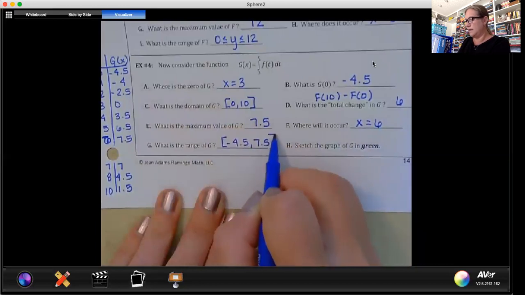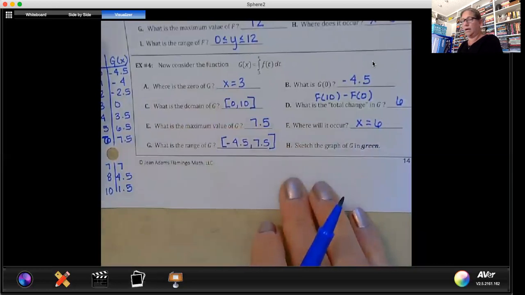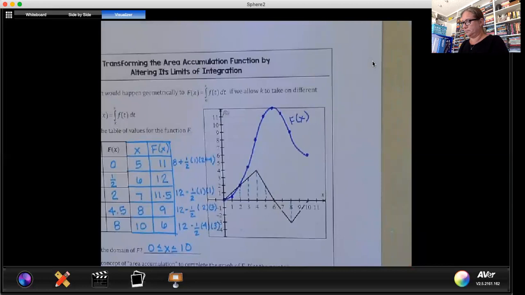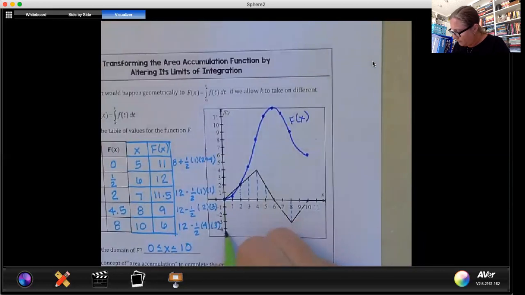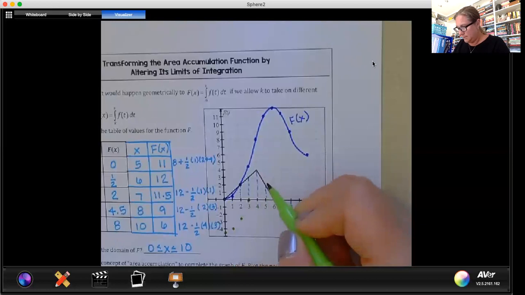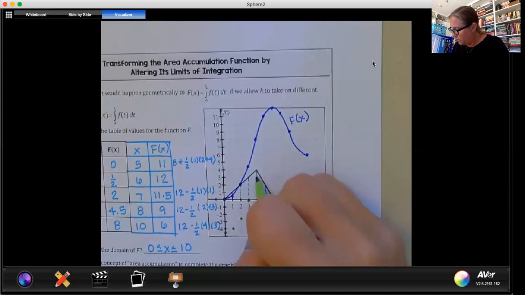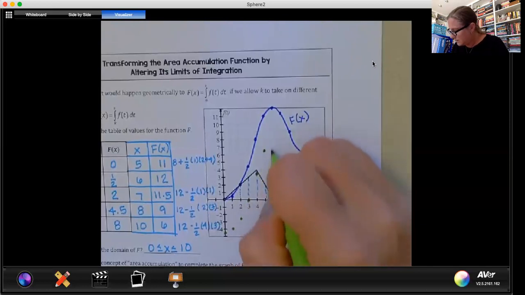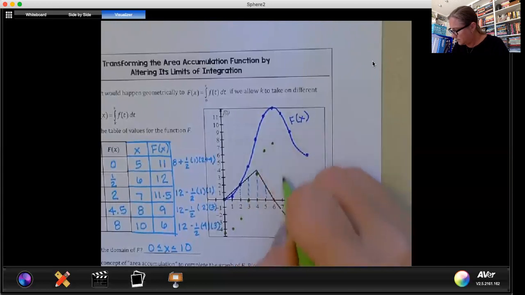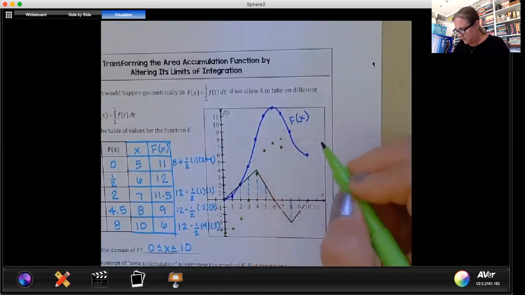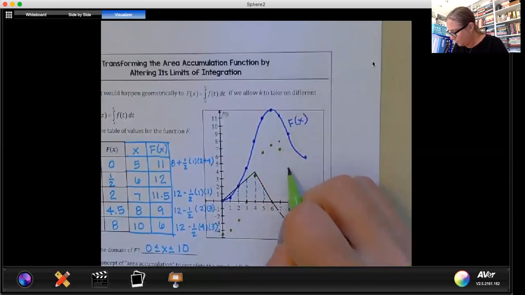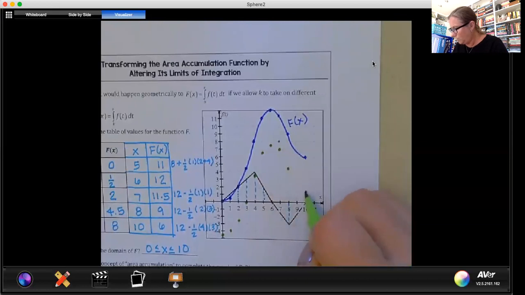So we should expect to see that when we graph these points on our graph here at the top in green. 0, negative 4.5, 1, negative 4, 2, negative 2.5, 3, 0, 4, 3.5, 5, 6.5, 6, 7.5, 7, 7, 8, 4.5, and 10, 1.5.